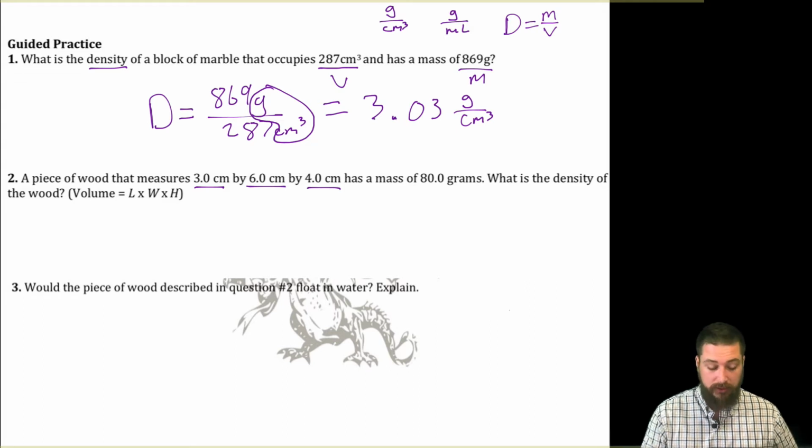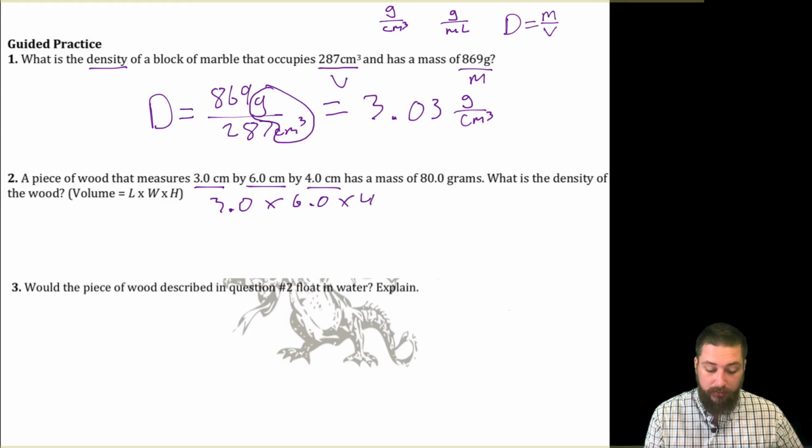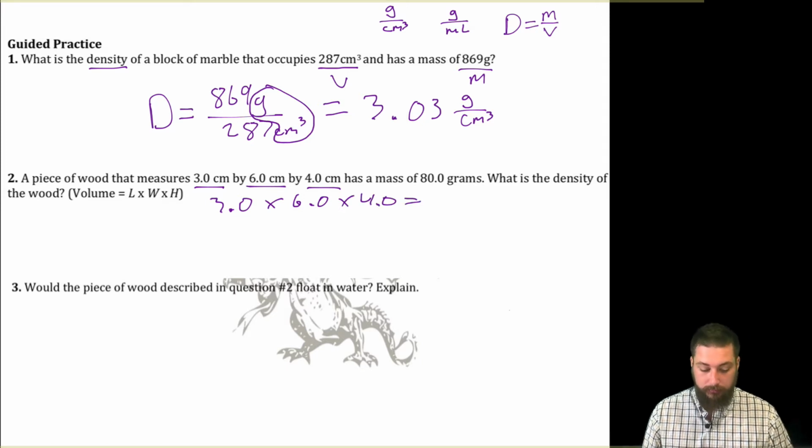And so if we take our 3.0, we multiply it by 6.0, and then we multiply it by 4.0, we'll end up with, I believe that's 72, but make sure. Yeah, 72.